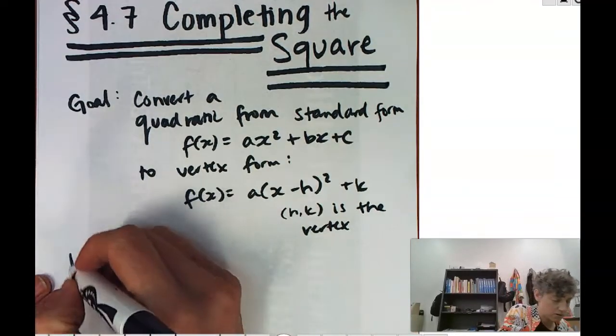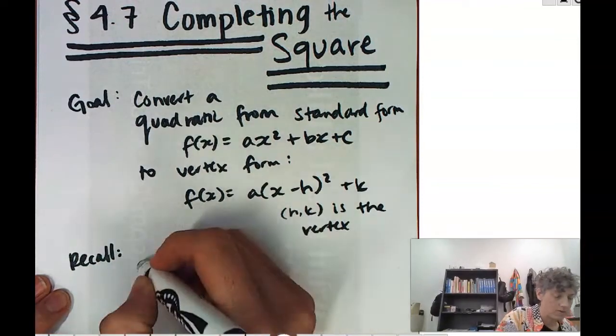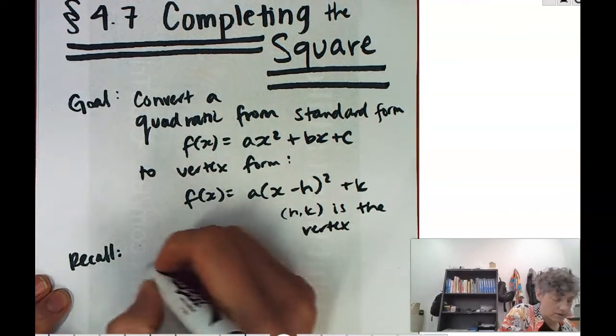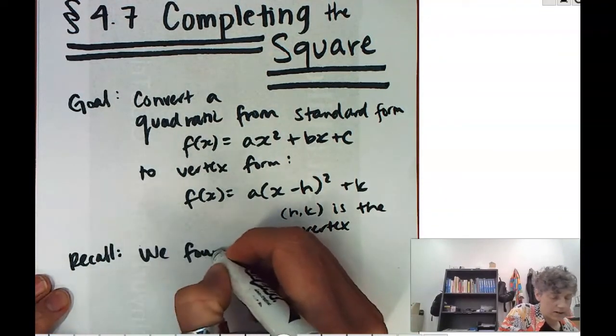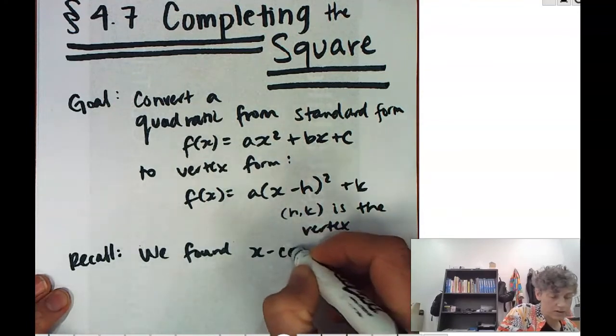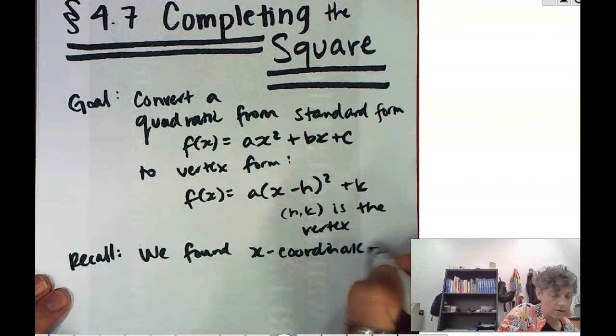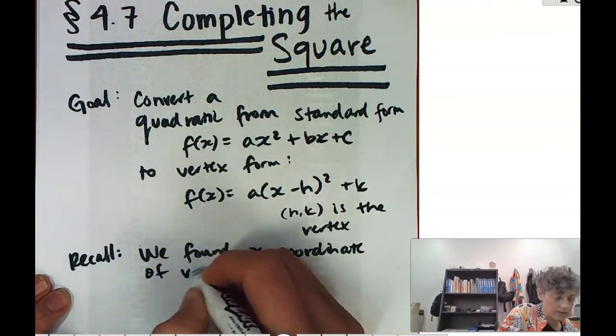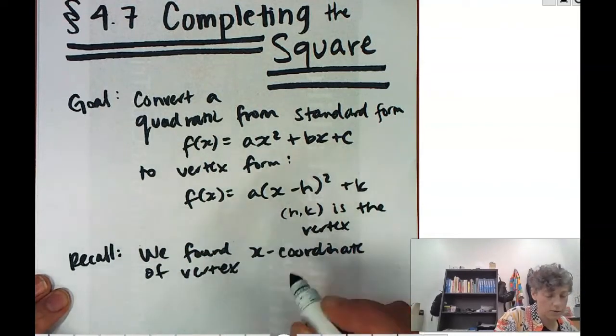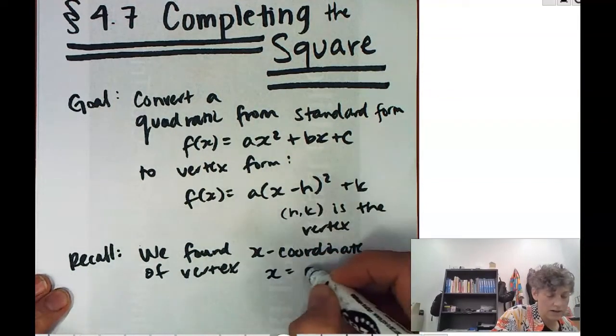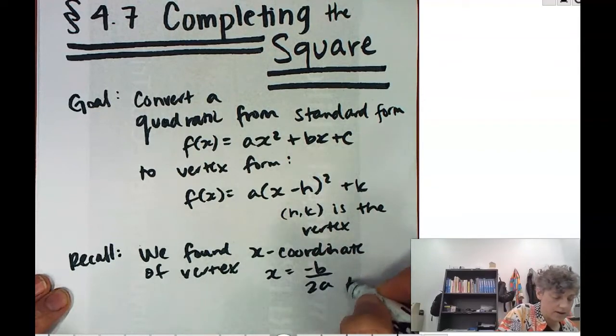All right, so when we talked about this before, we found the x-coordinate of the vertex. So let's recall. Previously, we found the x-coordinate of the vertex using the formula x equaled negative b over 2a.